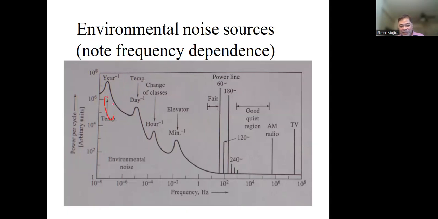Day 1, temperature went up, the signal went up. Okay? Day 2, the temperature went down, there is a change of signal. Change of classes, there is a change of signal. Elevator, there is a change of signal. Power line, there is also a corresponding change in the signal.